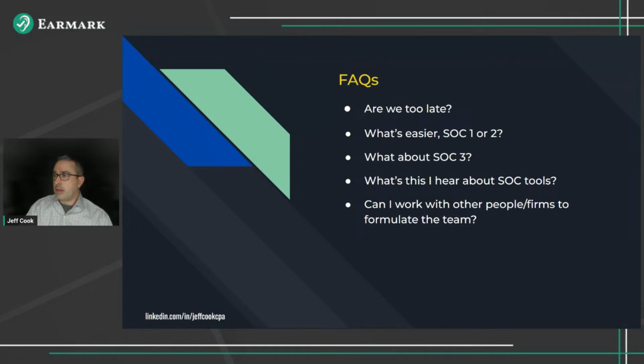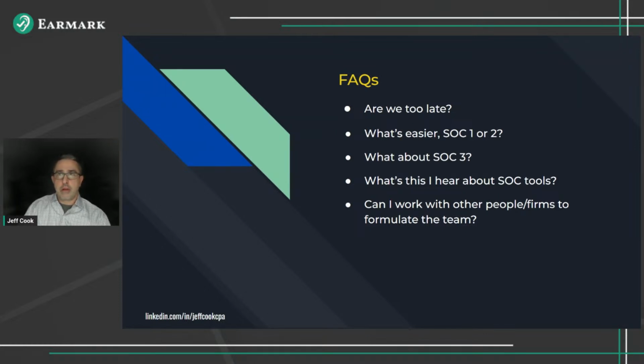Again, we talked about SOC tools before. It's a popular hot topic out there right now. Definitely there are ways to use them as both client and auditor, and just make sure you do your due diligence on them, making sure you're using them properly, and that they're configured properly by the clients to pull the right data, right? If you are going to rely on a tool to pull data, is it configured?